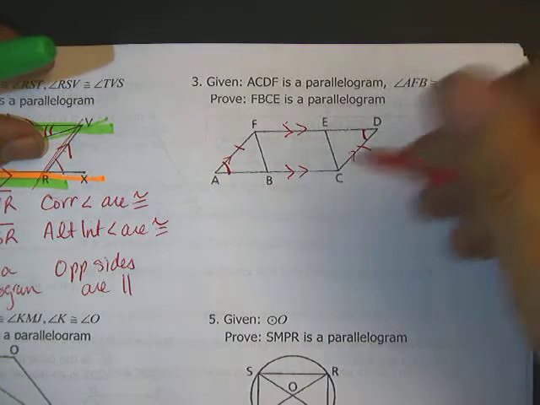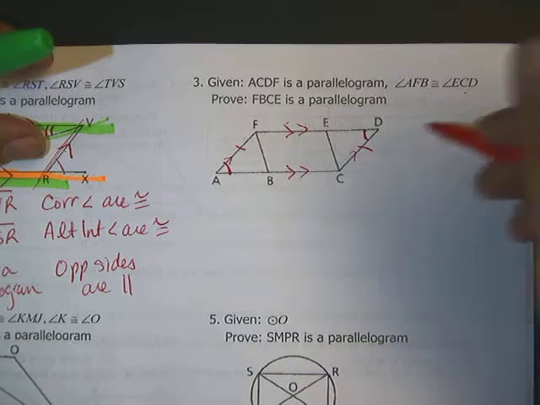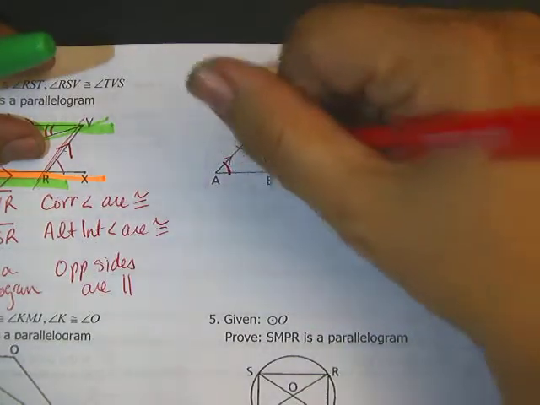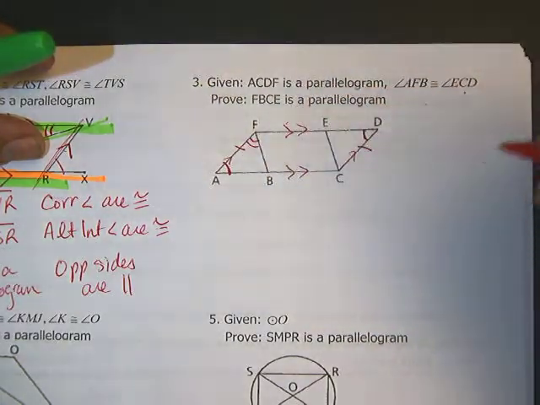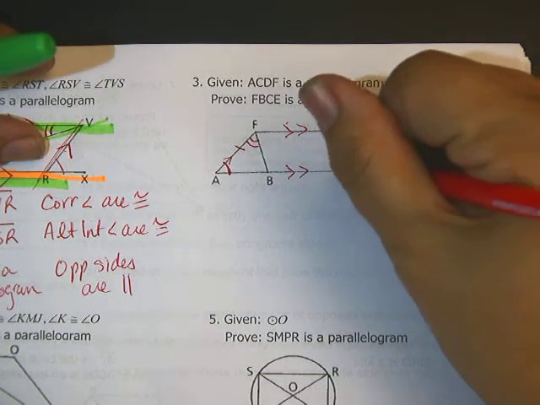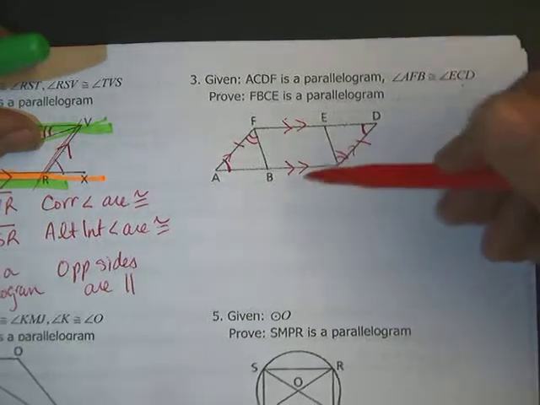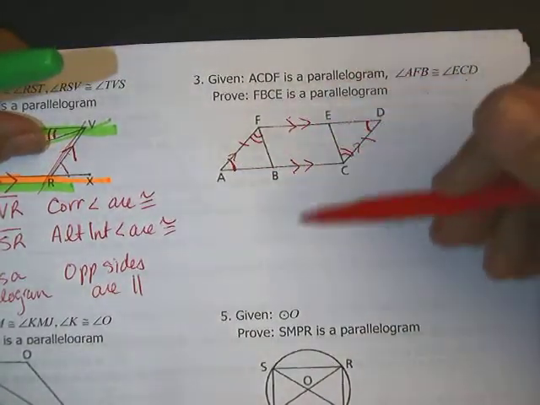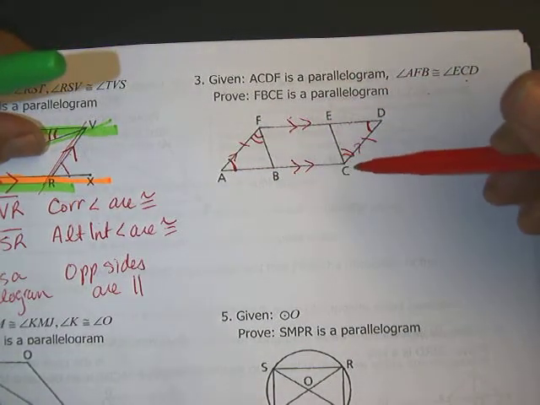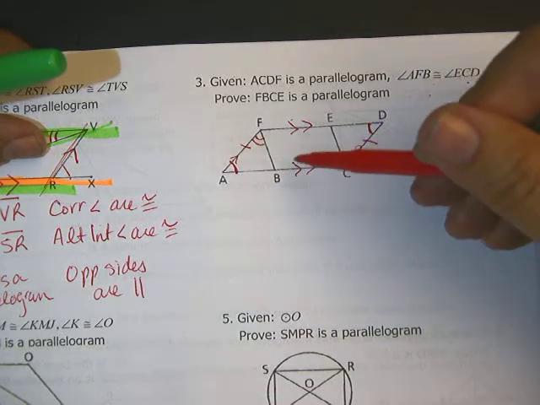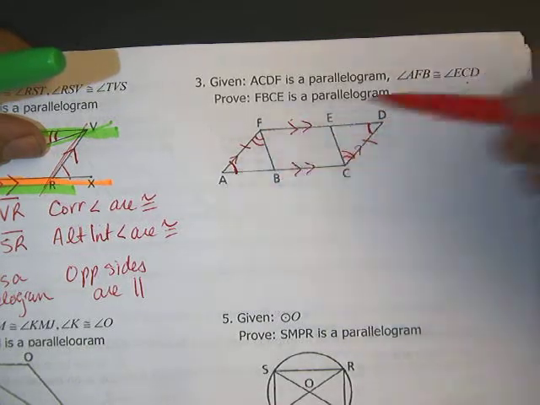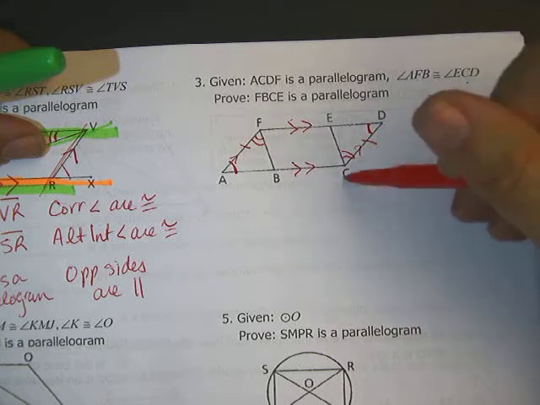Now, if you didn't have this little tidbit, trying to prove that this is a parallelogram would be quite difficult. So here they tell me angle AFB is congruent to angle ECD. Okay. Well, now that I know that, you don't really have alternate anything, right? So you don't have that, but do you see I have two triangles here?